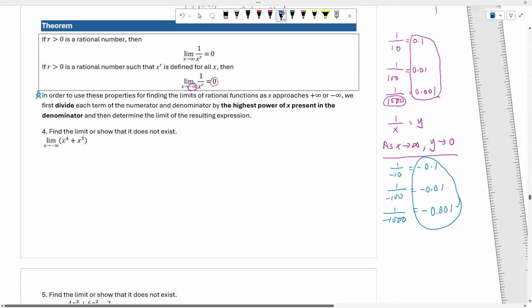In order to use them for finding the limit of a rational function as x approaches positive or negative infinity, we first divide each term of the numerator and the denominator by the highest power of x in the denominator. This is really important. And then we determine the limit of the resulting expressions.